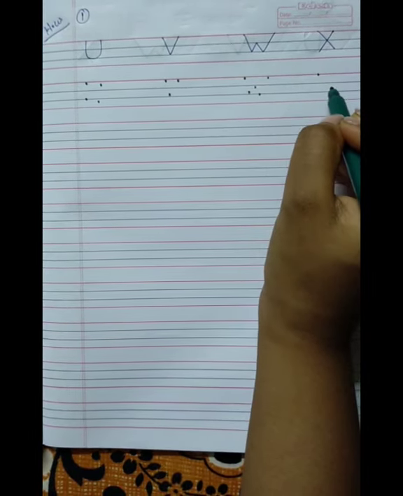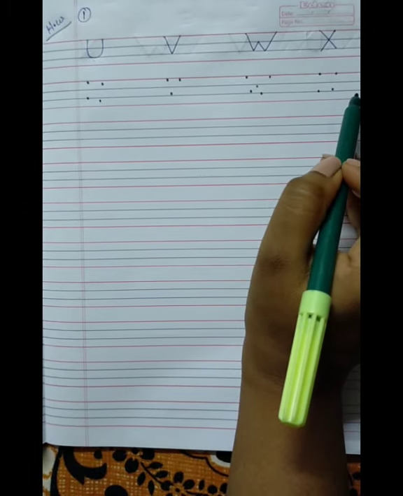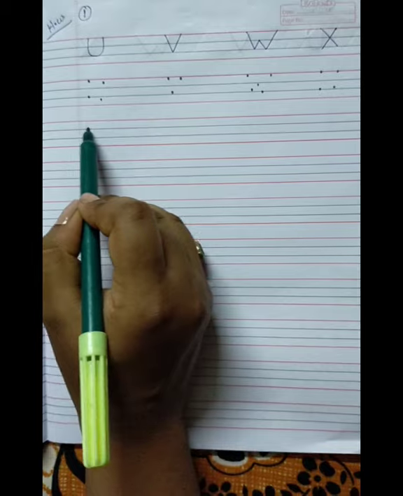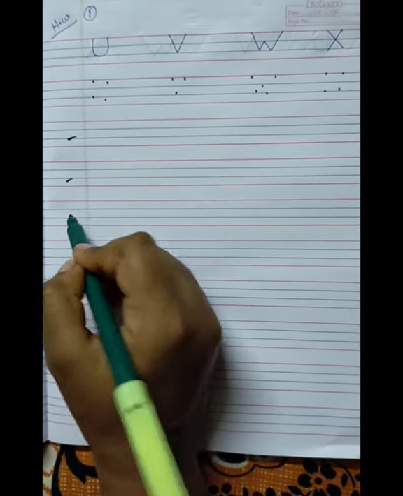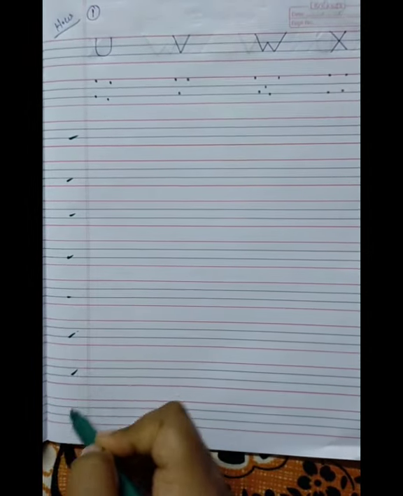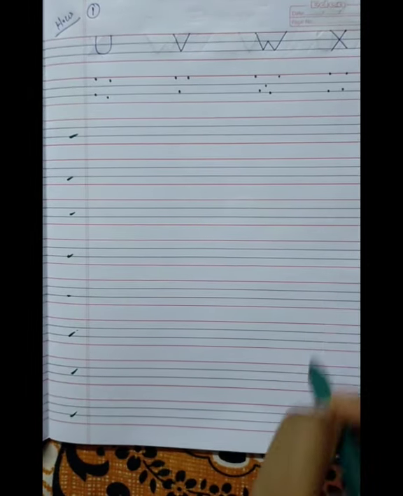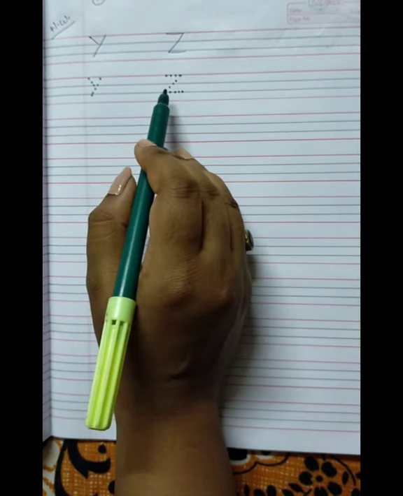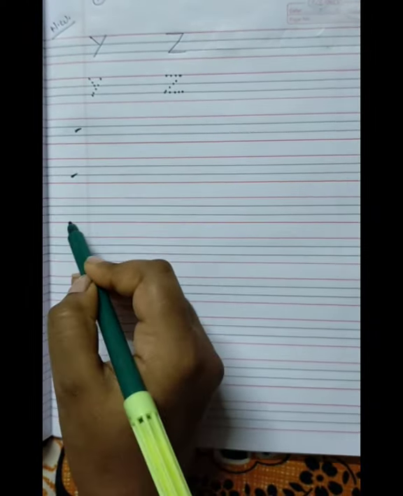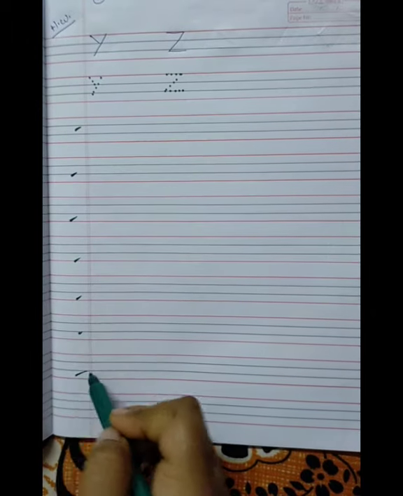Only on the second line you will make the dots, and from the third line you will ask your kids to fill up the lines with U, V, W, X, Y and Z. You will ask your kids to fill up all these lines.